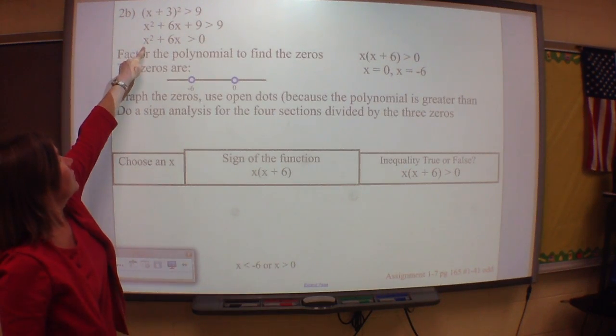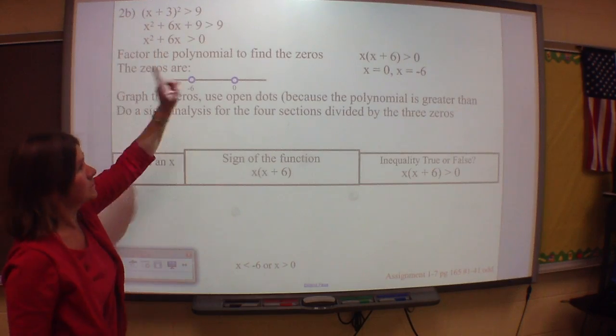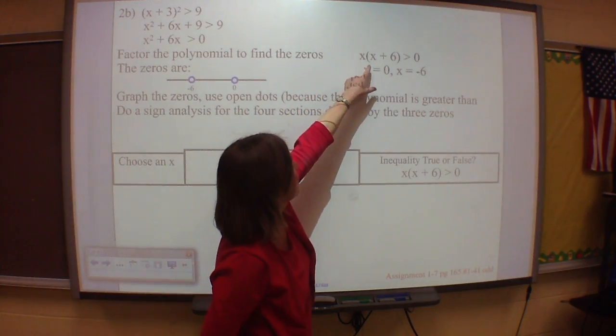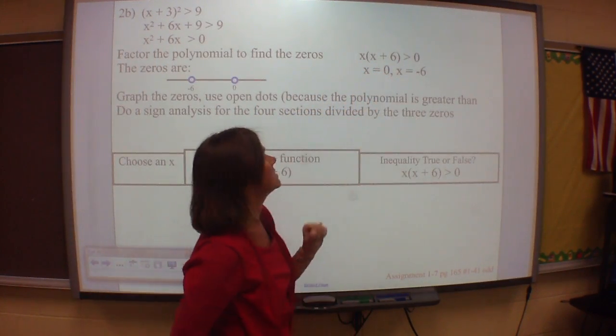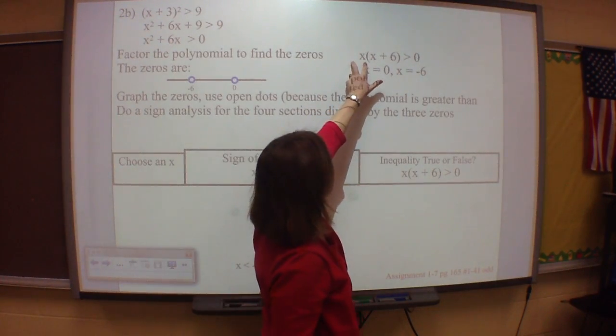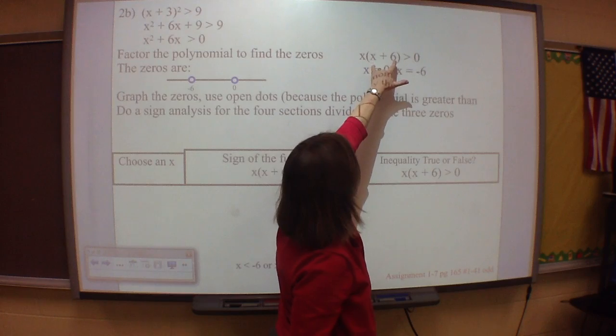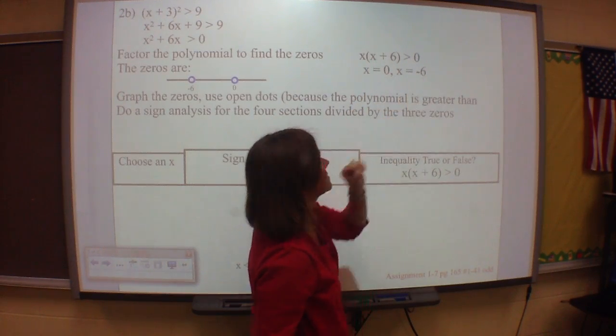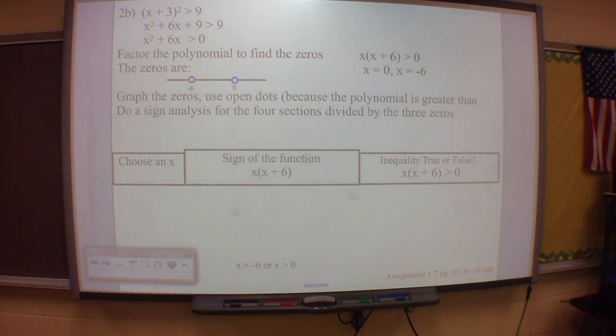And then I'm going to factor that. Factor out an x. X times the quantity x plus 6 is greater than 0. So my zeros will be 0, because x is equal to 0. X plus 6 is equal to 0, so x is equal to negative 6. So my zeros are negative 6 and 0, both open circles.